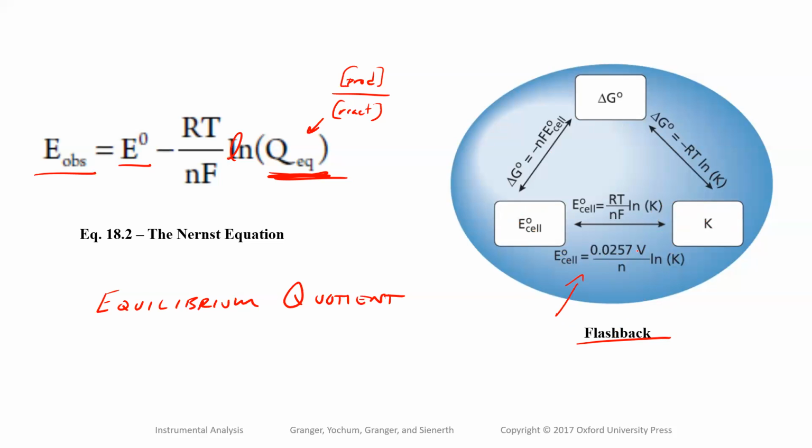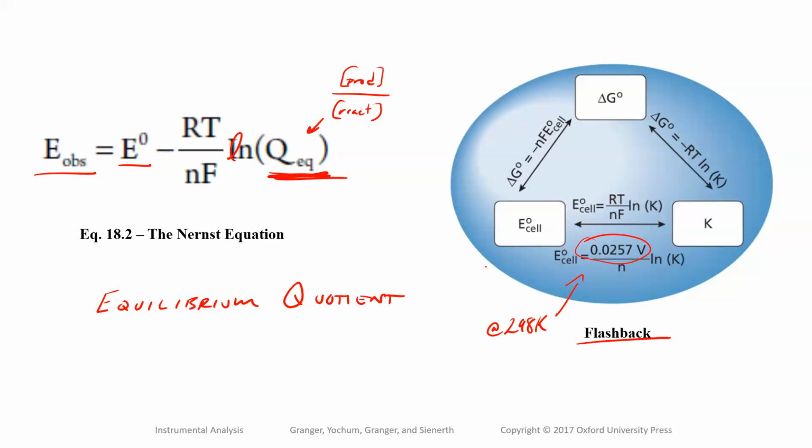They give two versions here because if we combine RT and F into one factor, we get this 0.0257 volts out of it. It's fine with me if you want to use that, but you have to be at 298 K in order to do that.